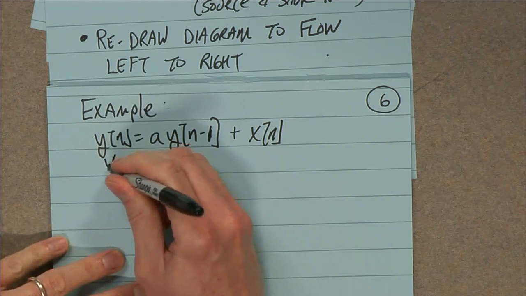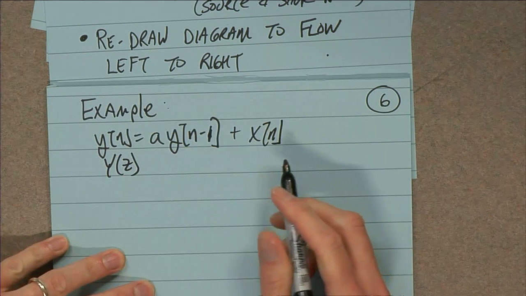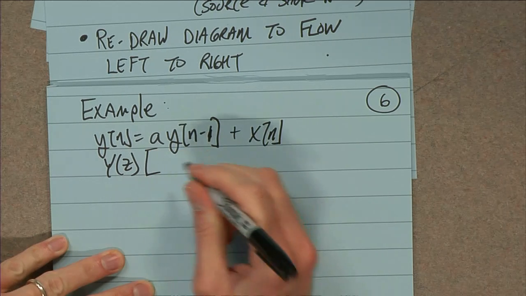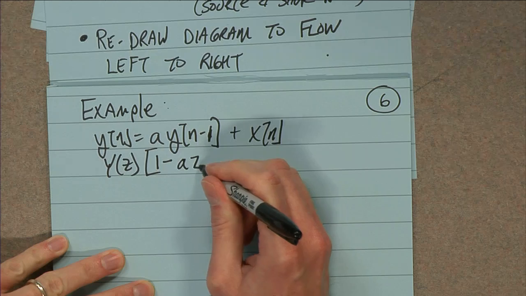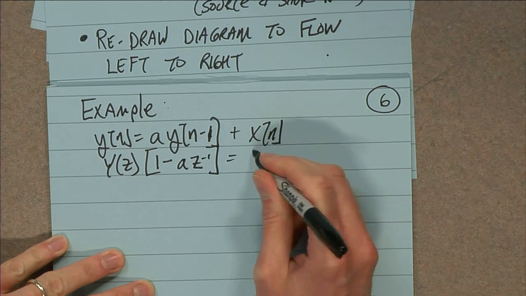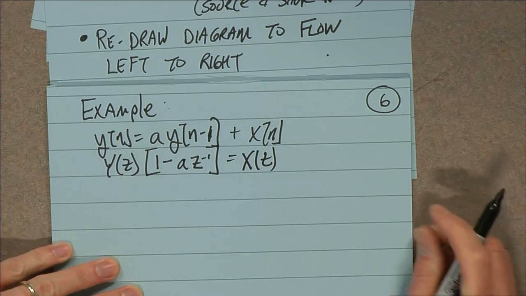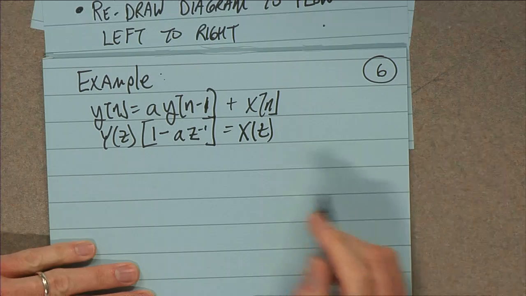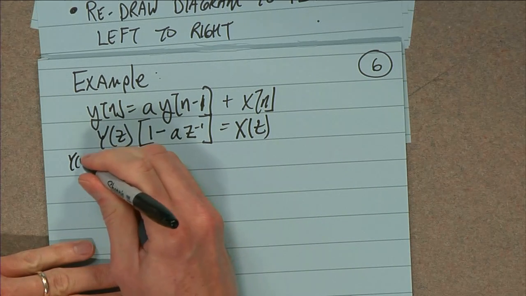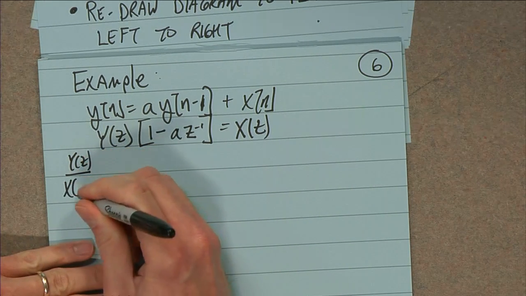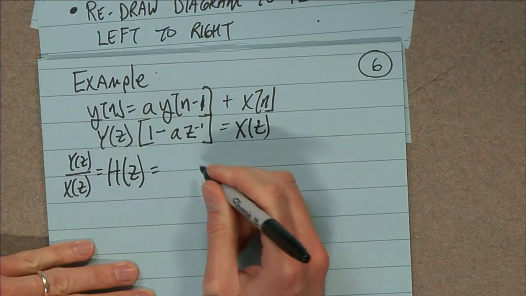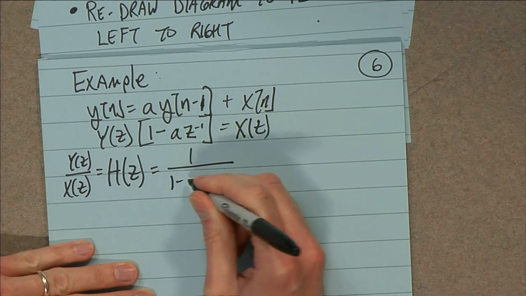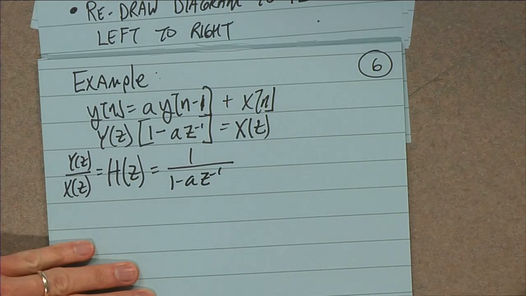Pretty straightforward recursive filter. If we take the z transform, move that over, that's 1 minus a z inverse times Y of z equals X of z. And so now we can get the transfer function, or I should say the system function, is 1 over 1 minus a z inverse.